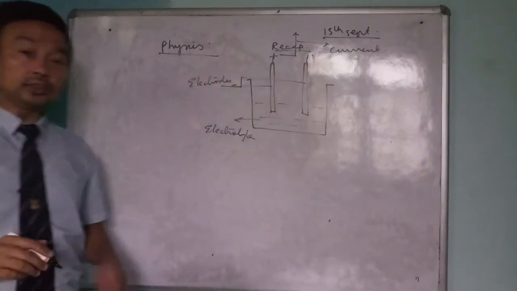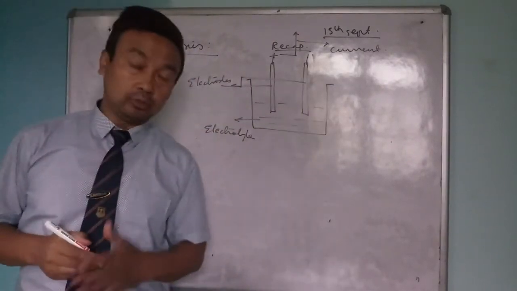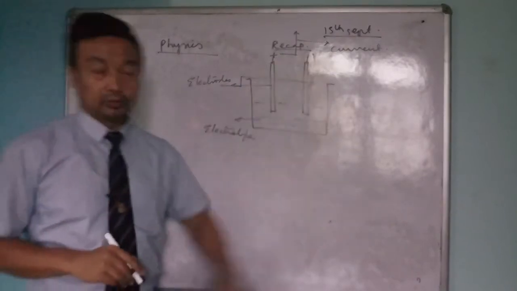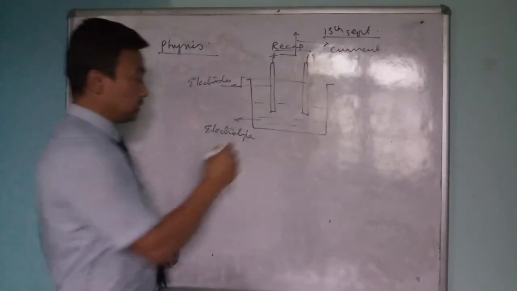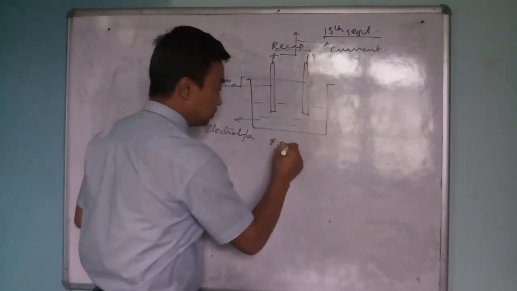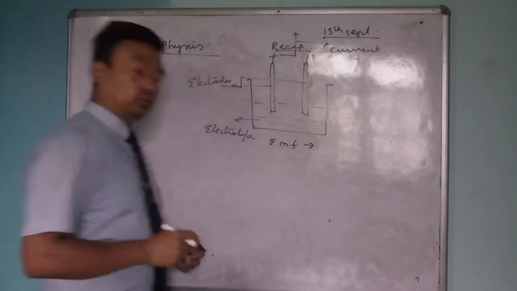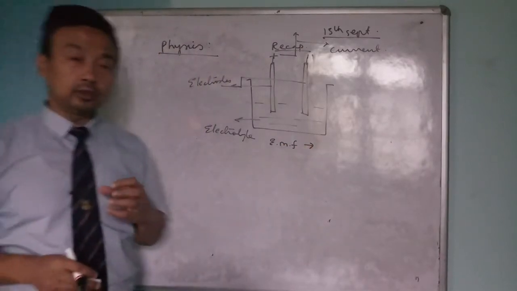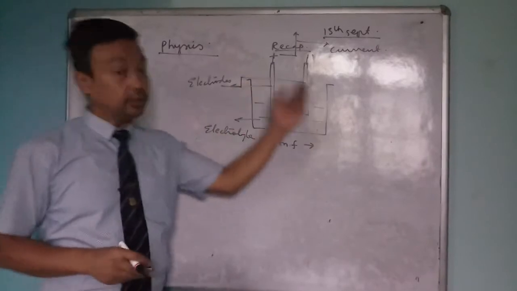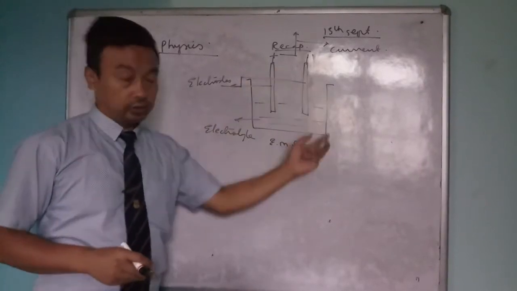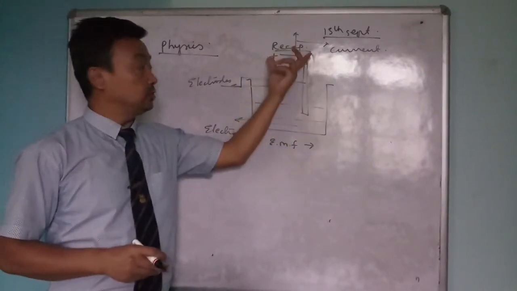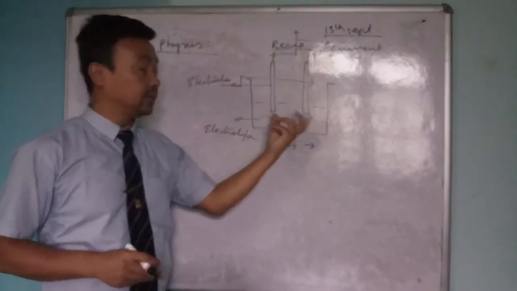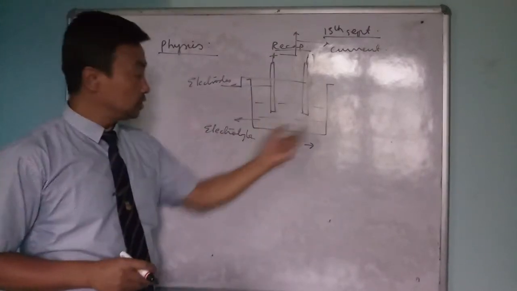In the last class we discussed three main topics coming out of the cell. Number one was EMF. EMF was the total potential difference of the complete circuit, that is outside the cell along the terminals and inside the cell, that is through the electrolyte.